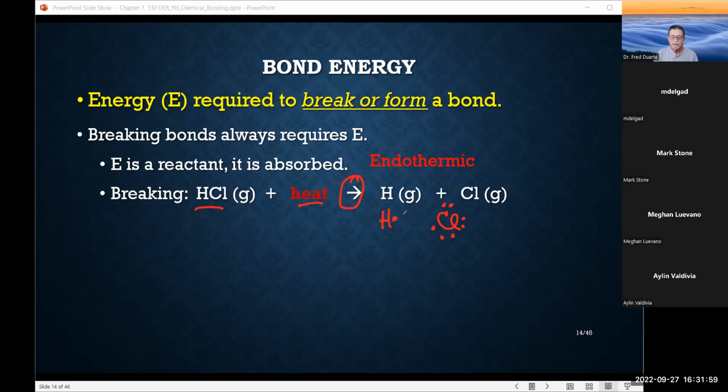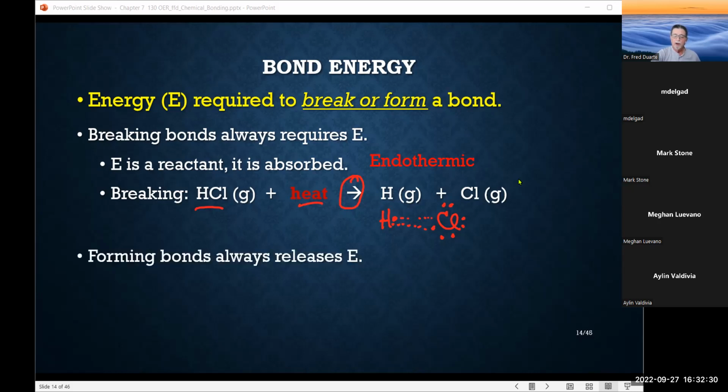When it interacts, you form a bond: there's an empty spot in the p orbital on the chlorine, so that electron can fit right into it very readily to form a bond. You form HCl. So this is an example of an endothermic process where we are breaking that bond.